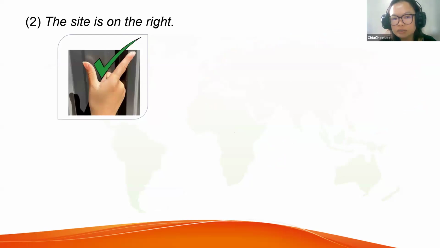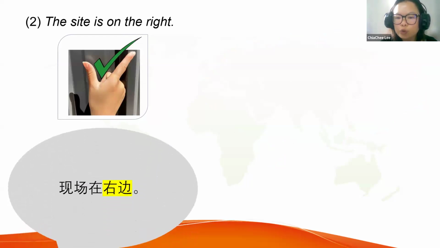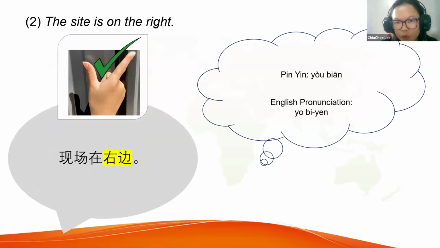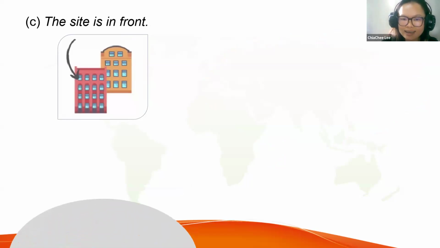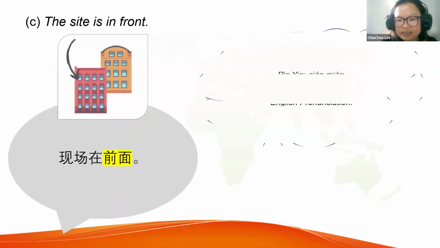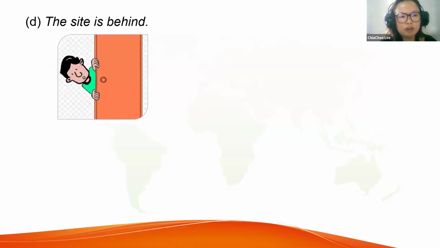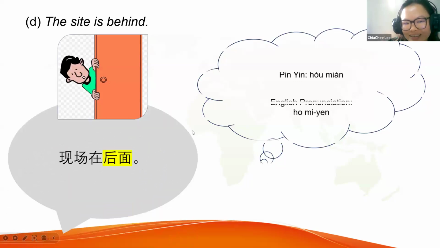When the side is on the right, we would say 现场在右边. We just copy the subject, right? And the side is in front, where the eyes can see, 现场在前面. And the side is behind is 现场在后面.